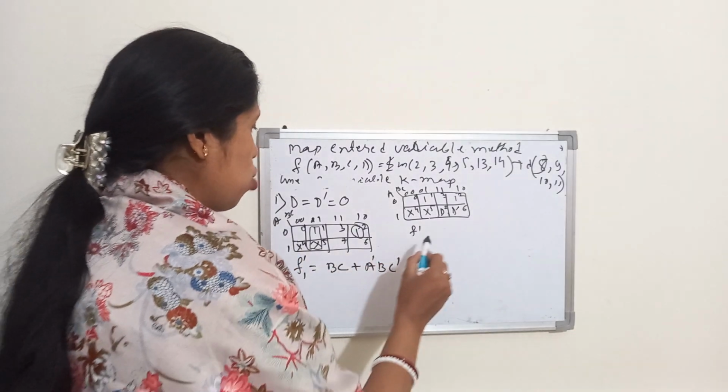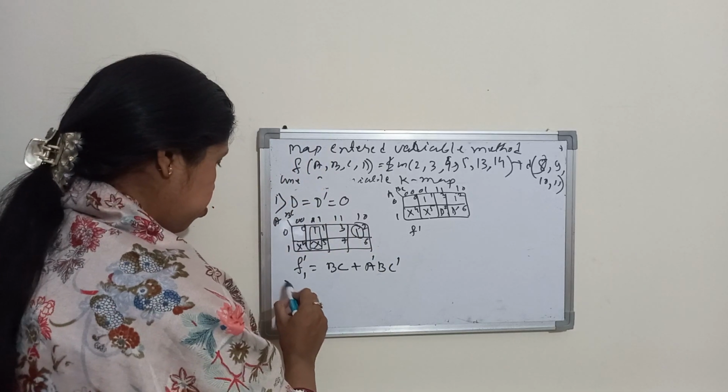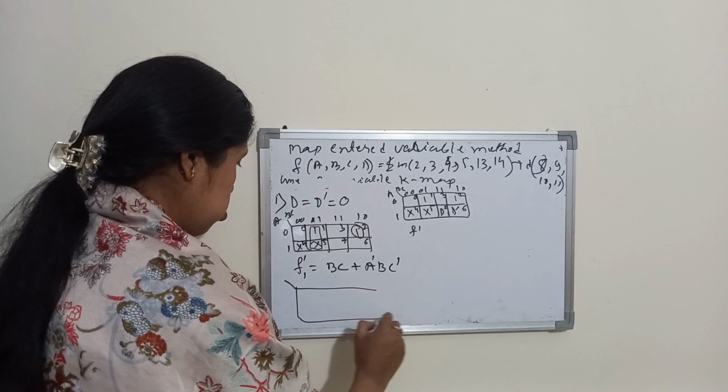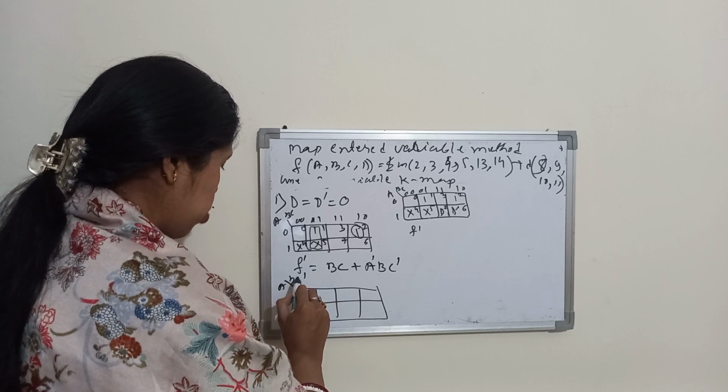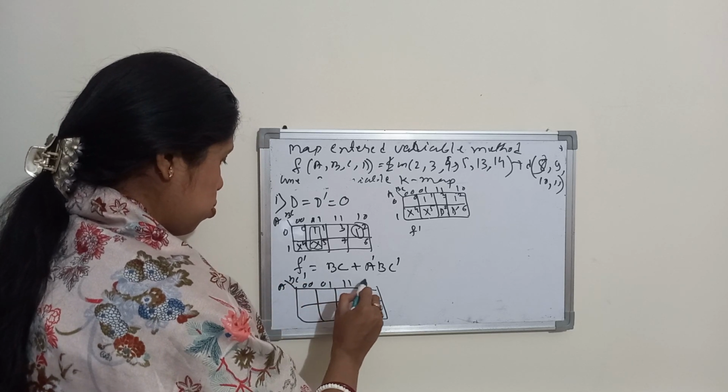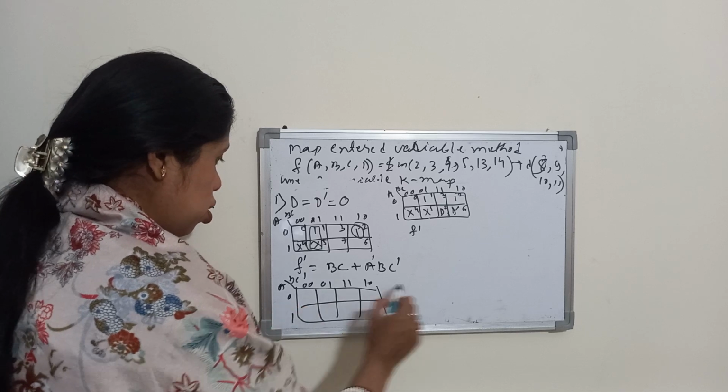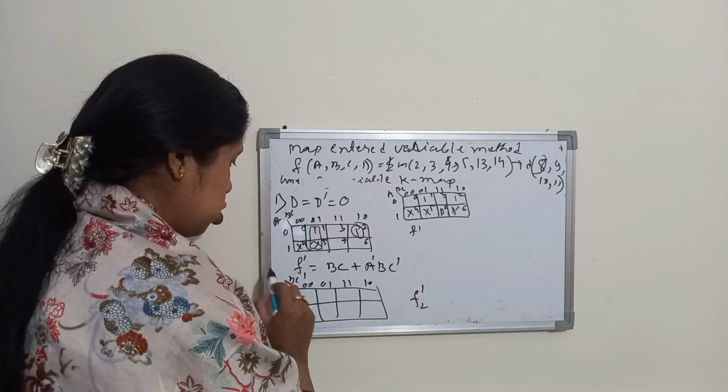Now the second case. In the second case, what I have to do, I am first drawing the K-map. This will be f2 dash.